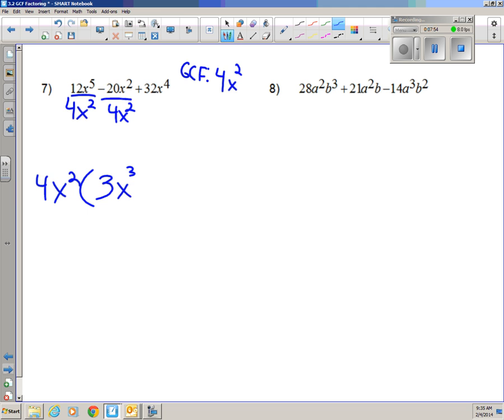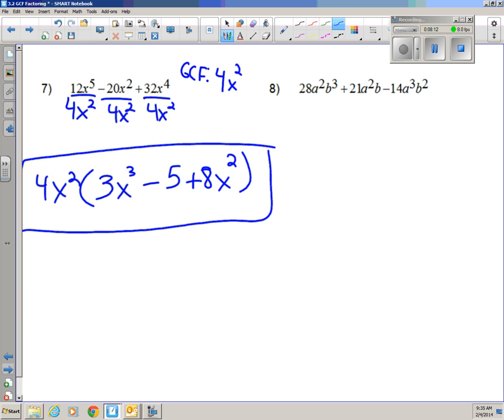When I divide negative 20x squared by 4x squared, you get negative 5. All the x's are done. And when I divide 32x to the fourth by 4x squared, you get 8x squared. So here's your final answer: 4x squared times the quantity of 3x cubed minus 5 plus 8x squared.